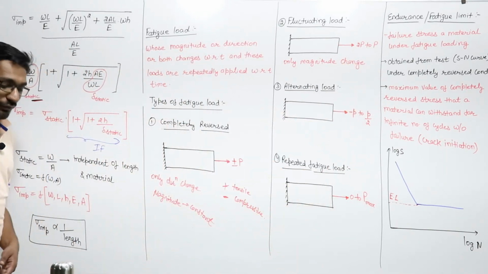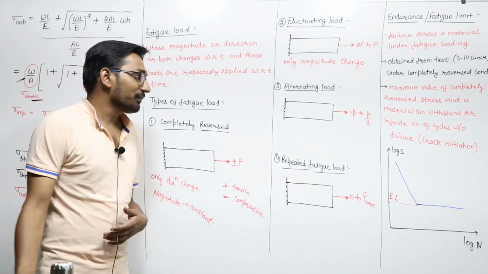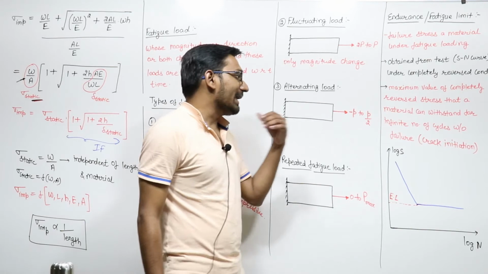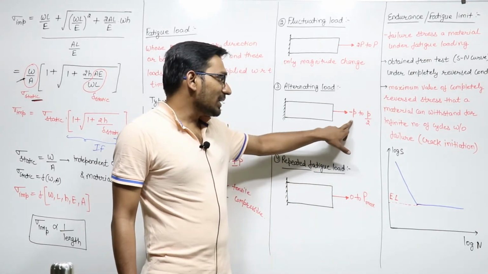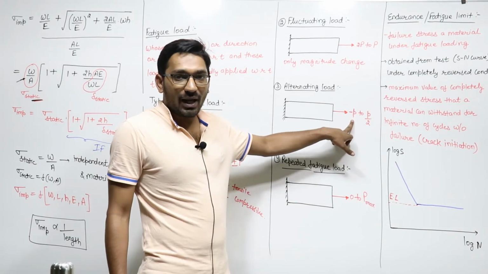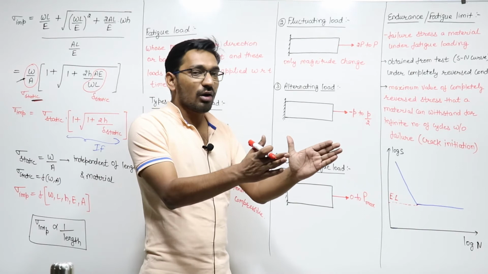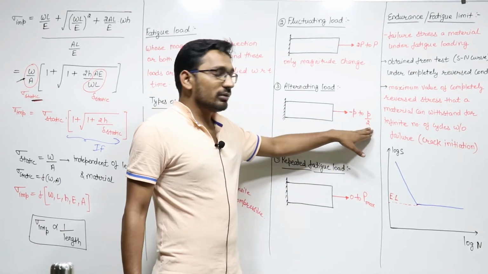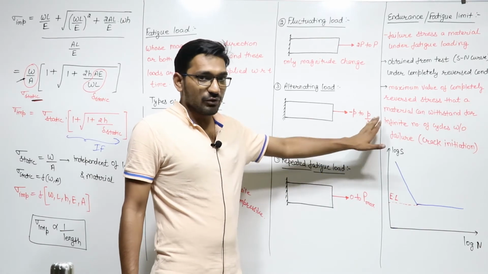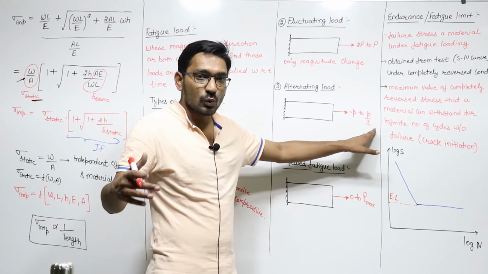The third type of loading is alternate fatigue loading, in which both the magnitude and the direction change. Initially, let us say the load is minus P, that is a compressive load of magnitude P, and after that the direction changes from compressive to tensile, and the magnitude changes from P to P by 2.